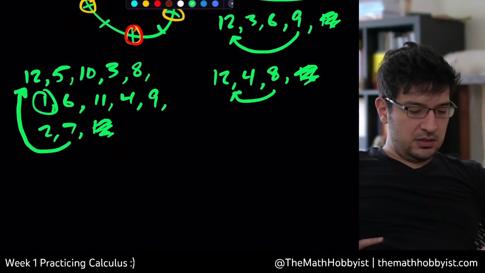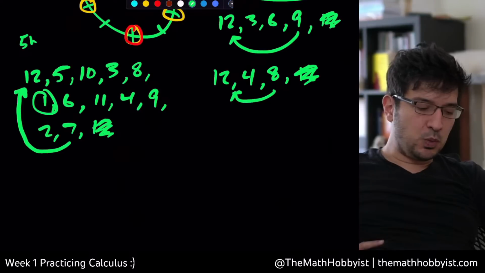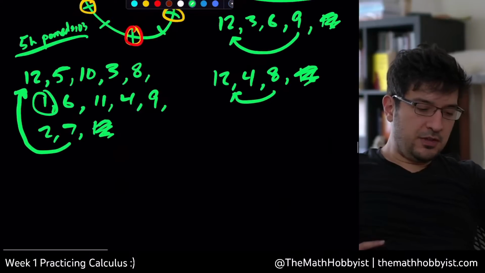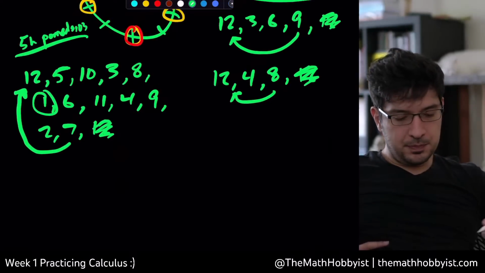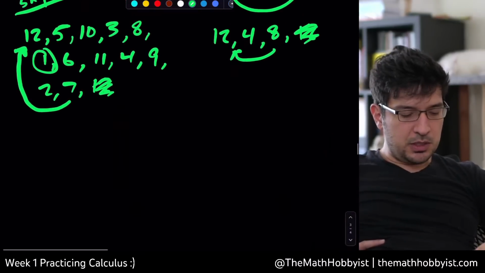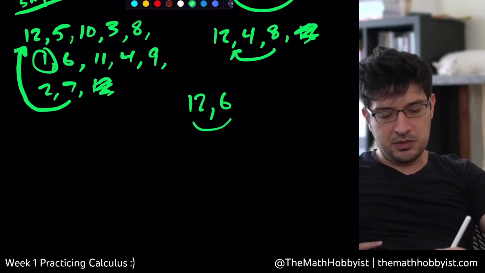So taking 5-hour Pomodoro, 5-hour work blocks. 5-hour Pomodoros work. Would 6-hour Pomodoros work? Pretty clearly not. The only numbers would be 12 and 6.